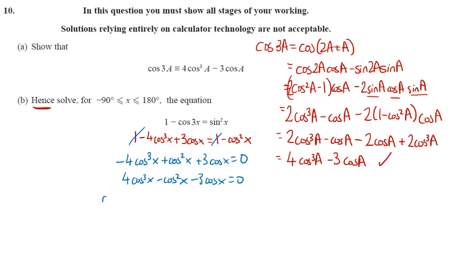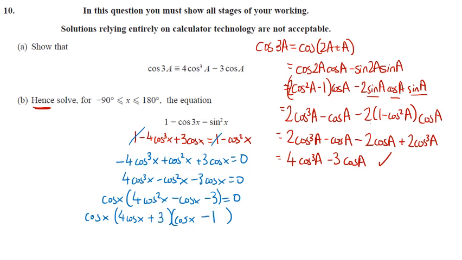We can take a common factor of cosine x out of all of this. And this will factorize as well. So 4 cos x, put cos x in there, and then we've got plus 3 minus 1.